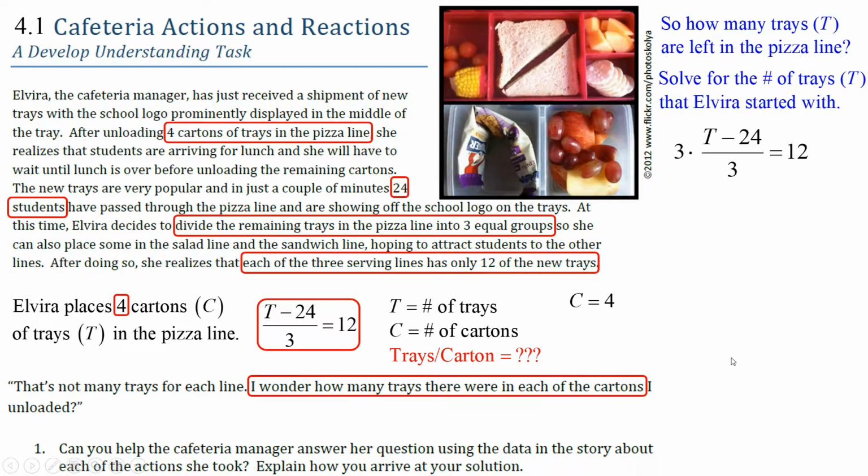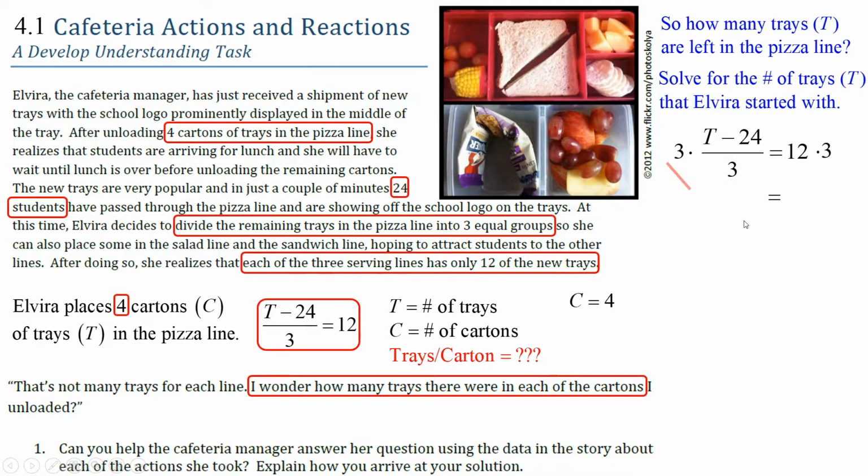Let's just multiply both sides of the equation by 3. And then you rewrite the equation. Remember, when you're solving an equation, all you have to do is the exact same thing to both sides of the equation during every step. So we multiplied by 3 to get rid of this divisor of 3 right here.